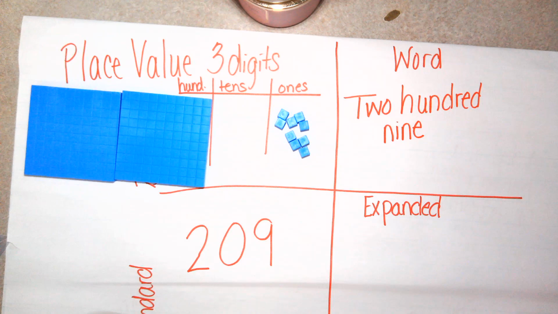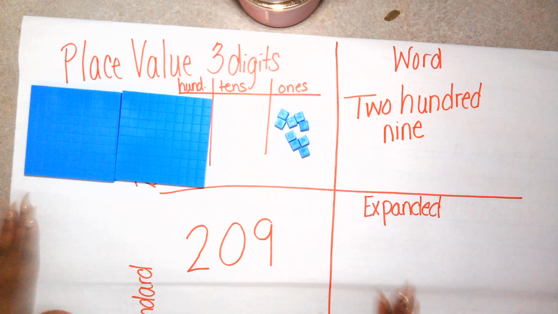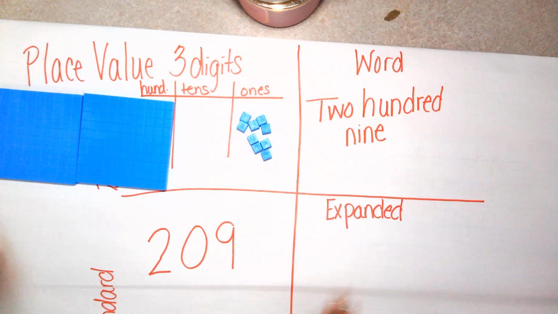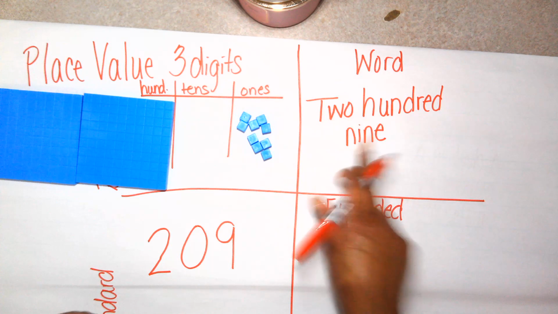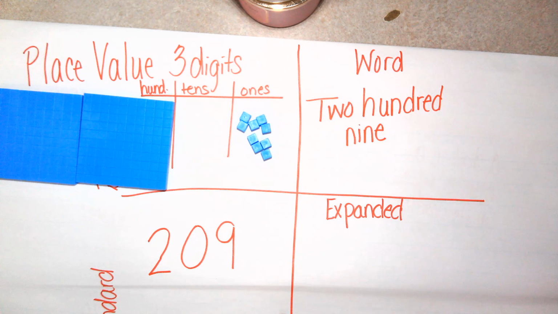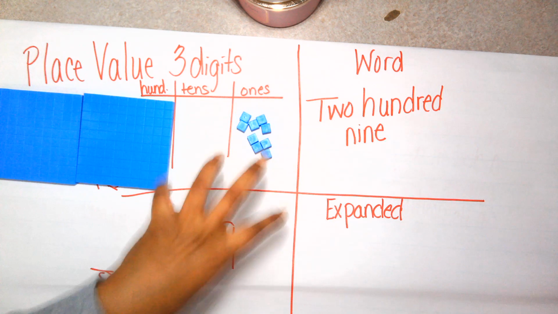Notice I did not say the word "and." I did not say "two hundred and nine," because "and" actually means something in math, okay? So I did not say two hundred and nine, I just said two hundred nine. That is very important for students because when they start going up in grades, they need to understand that "and" is not in a regular number.